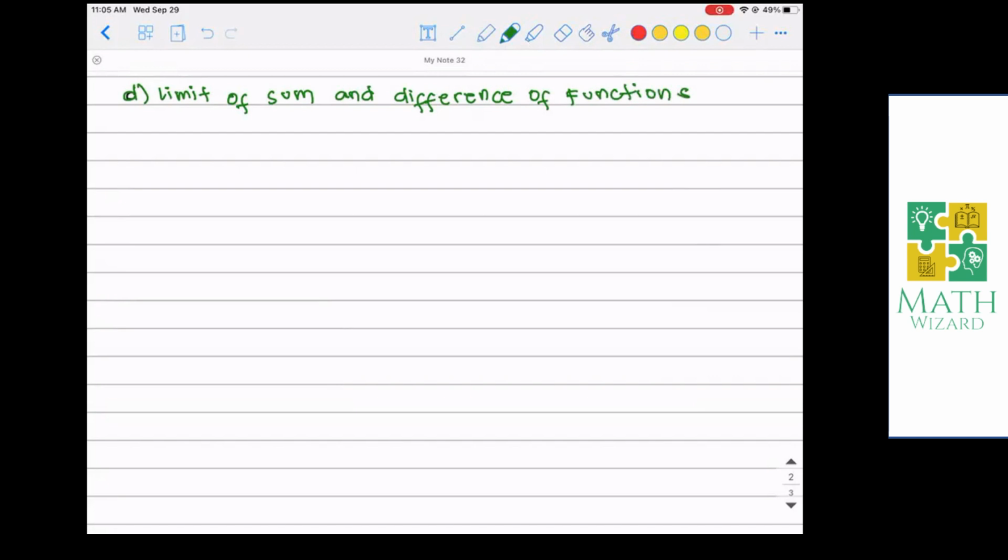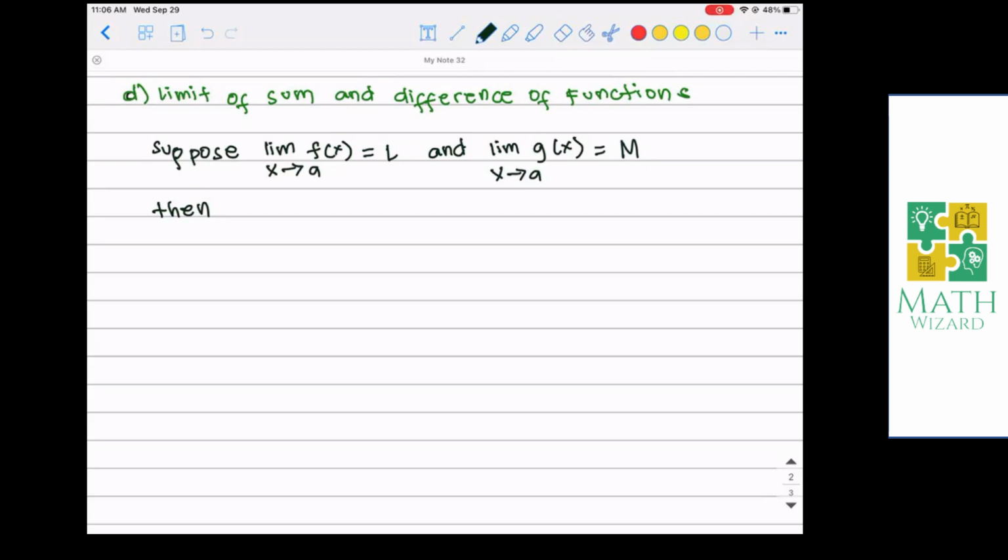Okay, so we have the limit of a sum and difference of functions. So for this theorem, suppose we have the limit of f of x as x approaches to letter A, and this is L, and we have the limit of g of x as x approaches to A and is equal to letter M. And then how are we going to apply the sum and difference rule, or the limit of sum and difference of a function?